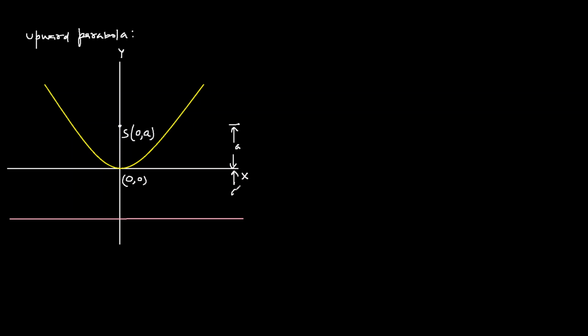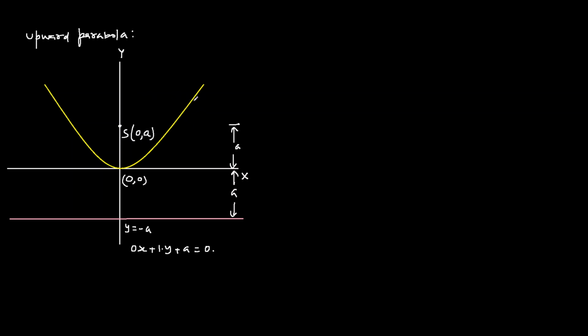This distance is also a. So here the value of y is minus a, which is the equation of this directrix. We can write this equation in the standard form, which is 0x plus 1 into y plus a equal to 0. Now any point on this parabola is denoted by P.